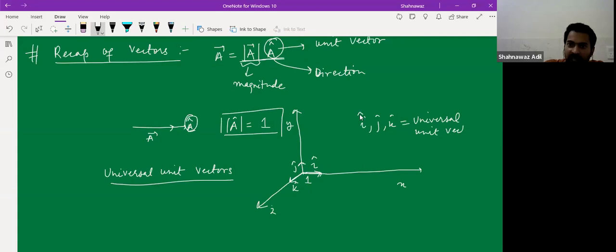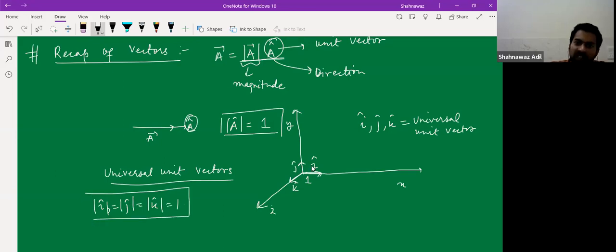And the magnitude of all these vectors is how much? This is 1, right? And the second property is that they are orthogonal. Orthogonal means they are always perpendicular to each other. So let's say I go 2 units in the X direction, 3 units in the Y direction, and 4 units in the Z direction.